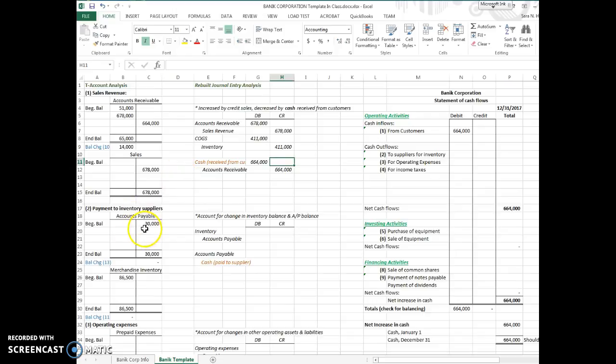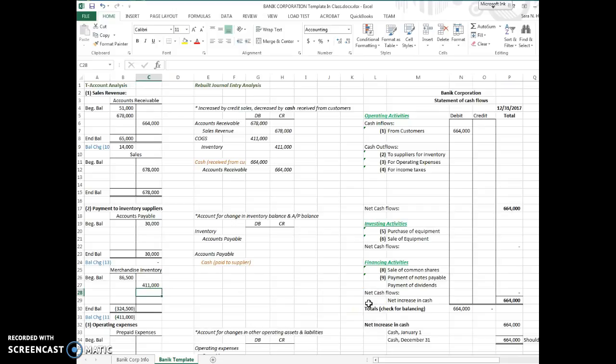So as I go down to the two balance sheet accounts that I'm going to analyze to figure out my cash outflow to suppliers, merchandise inventory and accounts payable are the two accounts that I will need, and you'll see that I filled in the beginning balances from my balance sheet.